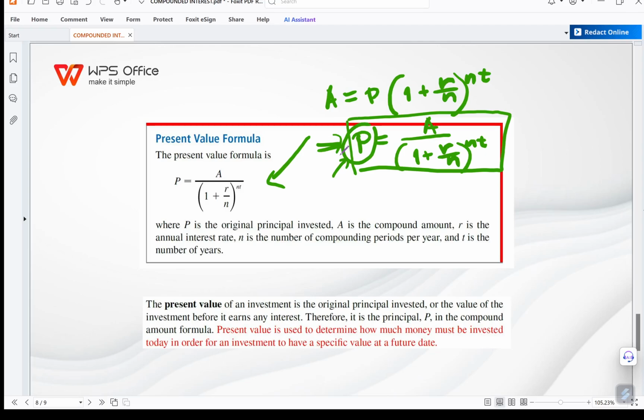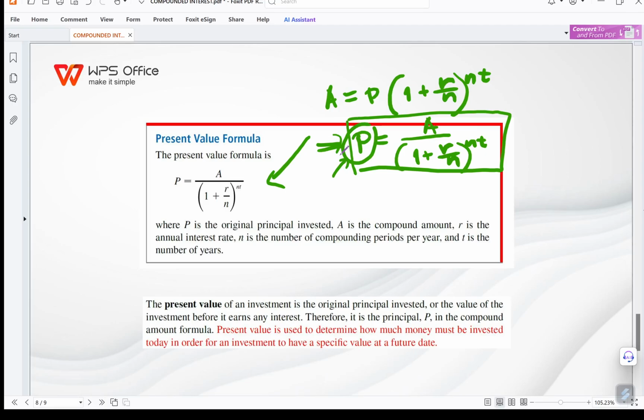The present value of an investment is the original principal invested, or the value of the investment before it earns any interest. Therefore, it is the principal P in the compound amount formula. So present value is used to determine how much money must be invested today in order for an investment to have a specific value at a future date.